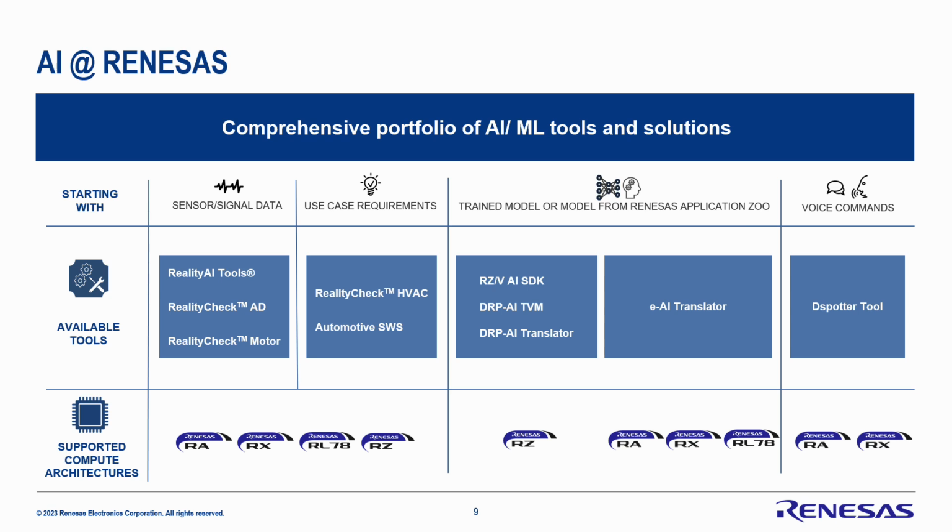The RX, which are custom 32-bit MCUs. RL78 is our 16-bit MCUs, and RZ are the MPUs where you can find ARM processors from the A family, so it's the large one, and together there can be additional hardware like the dynamic processor that we use for AI.